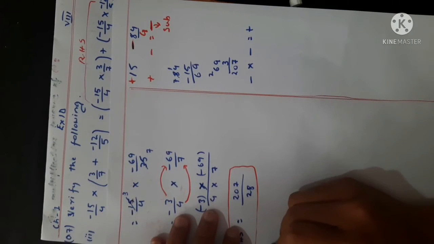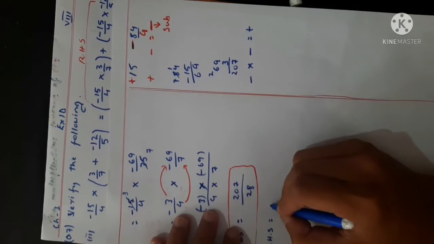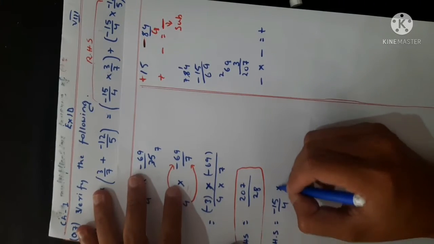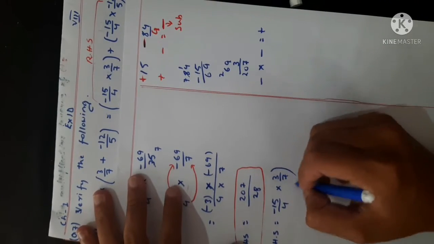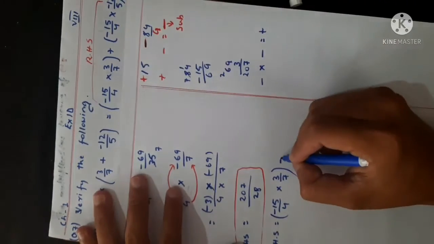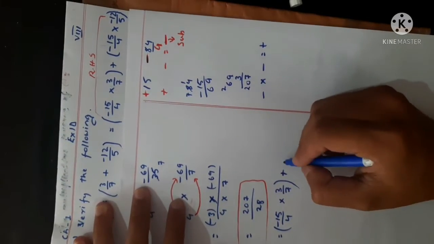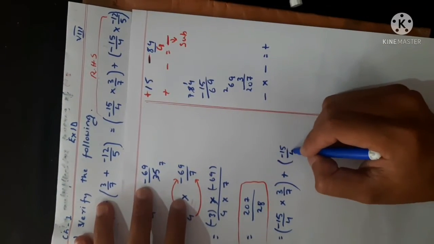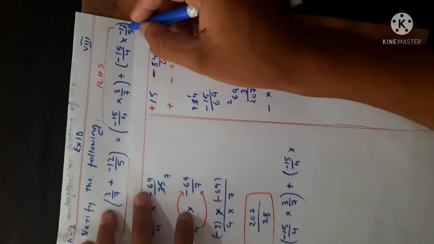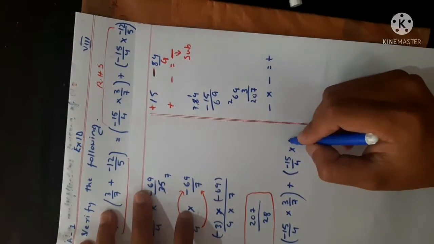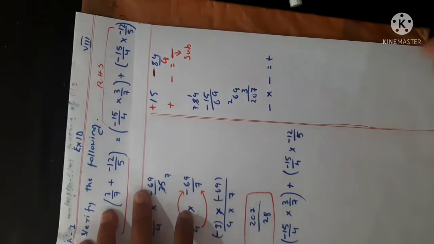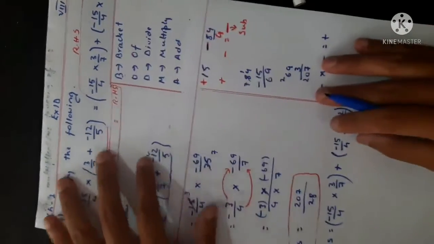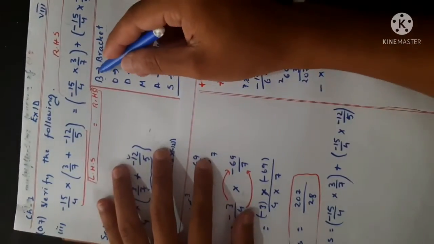Right hand side equals minus 15 divided by 4 multiply 3 by 7 bracket, plus minus 15 by 4 multiply minus 12 by 5. So let us solve this. Now remember, we must always solve the bracket first.